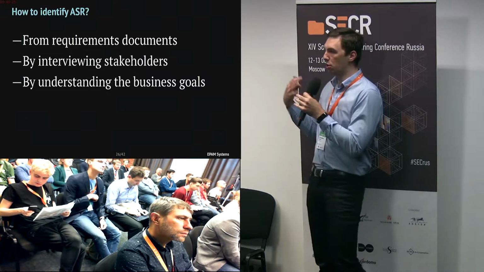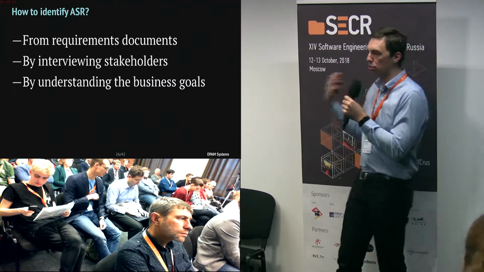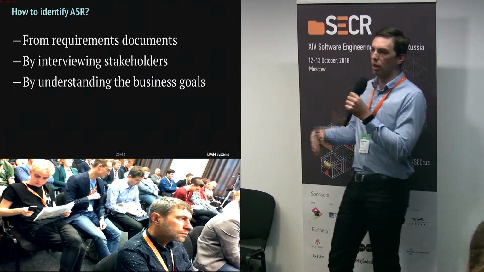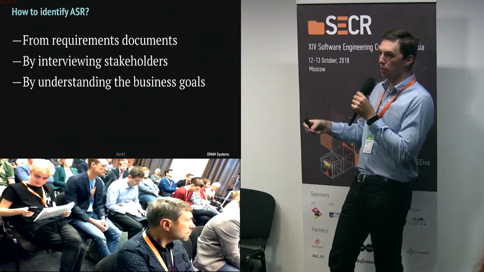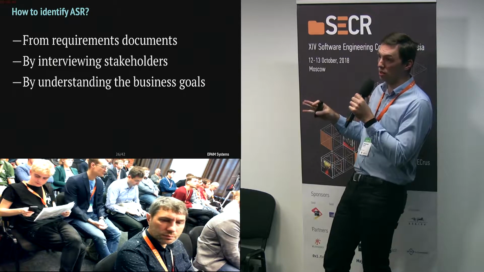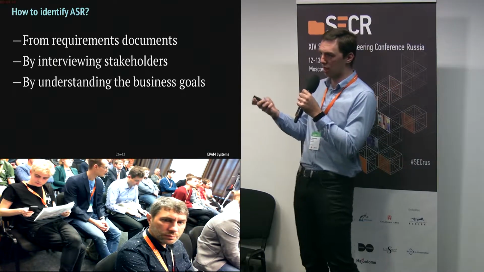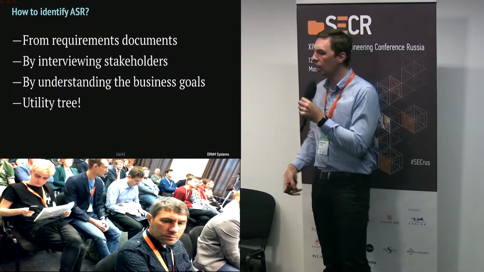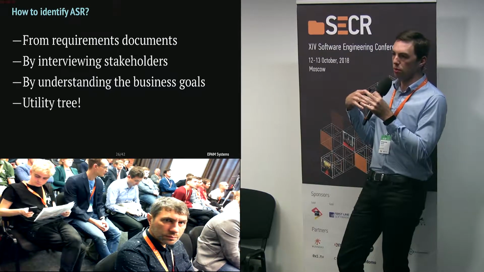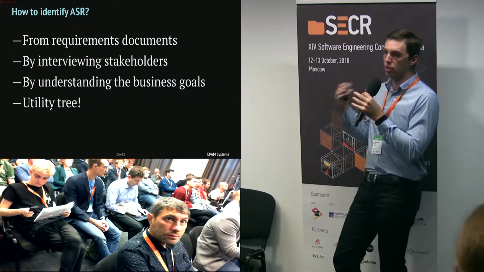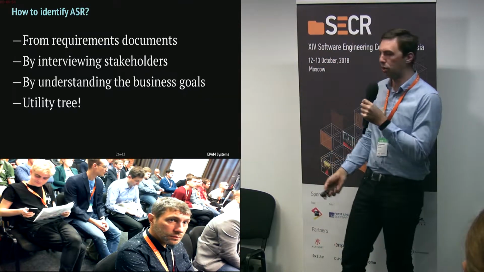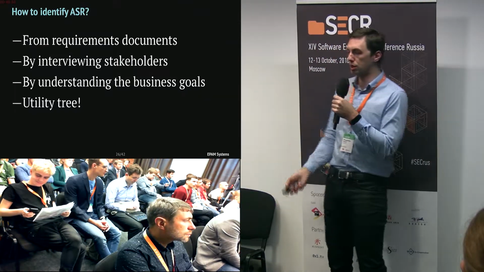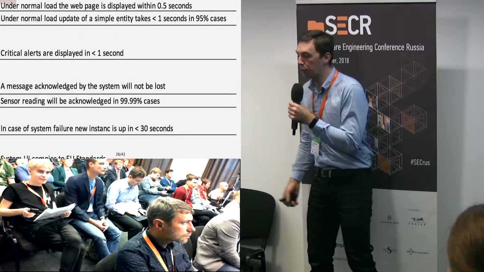For example, you're building a mobile application and you want to engage some people, you of course understand that those applications should be performant, because if they are not, the user is going to uninstall them in a second. And there is a tool called the utility tree. It is really helpful to gather those architecturally significant requirements. How to use it? Let's check.